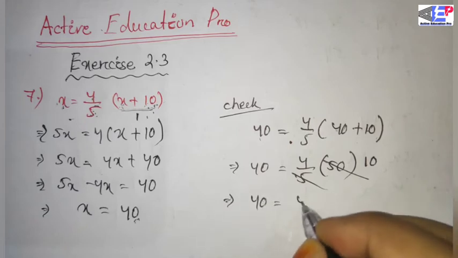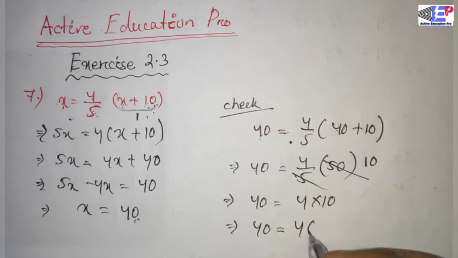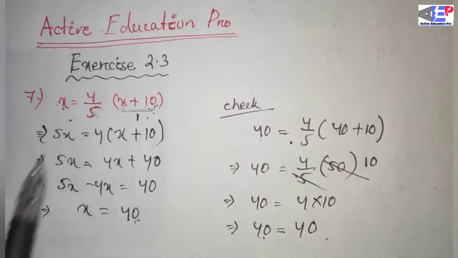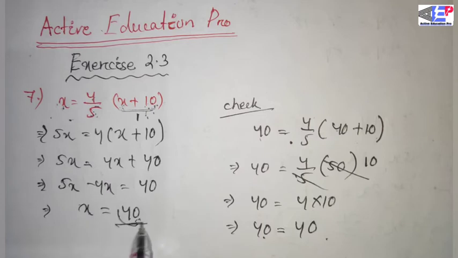Then 40 = 4 into 10. It implies 40 = 40. It means LHS is equal to RHS. So for this equation, the numerical value of x that we get by solving by the transposition method is 40. 40 is your answer.